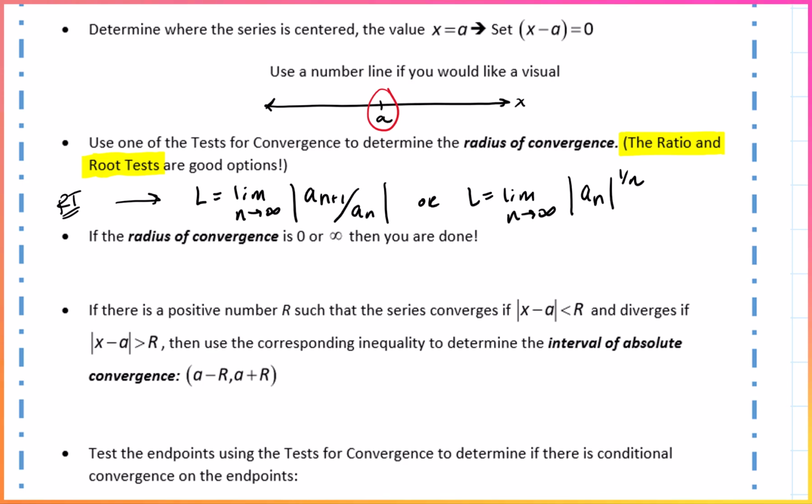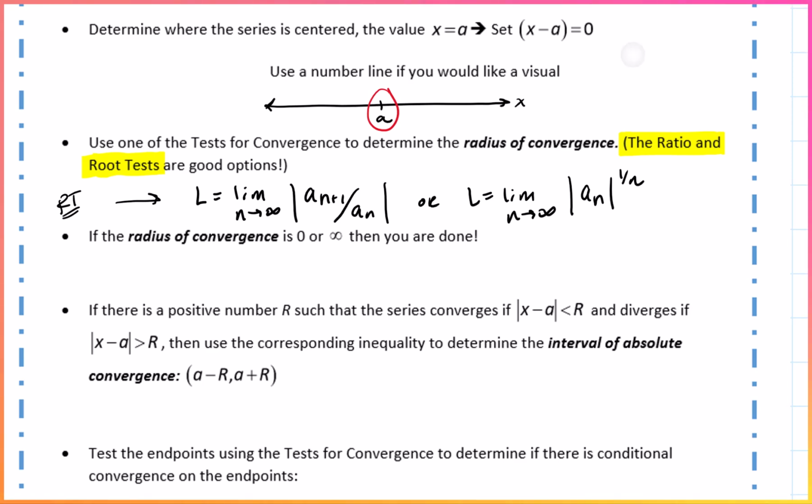When we run that test, we can see if the radius of convergence is one of the extremes. If the radius of convergence is 0 or infinity, then we are actually done, and it also gives us the interval of convergence.